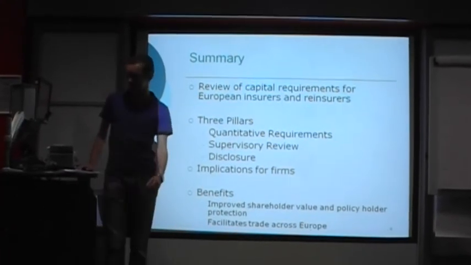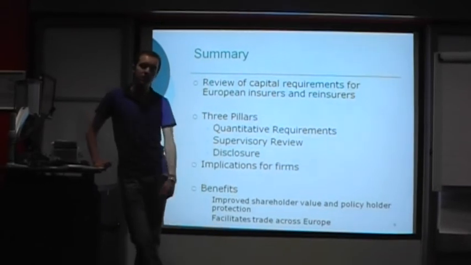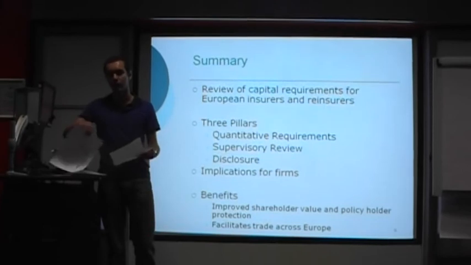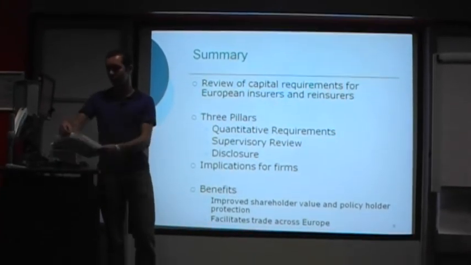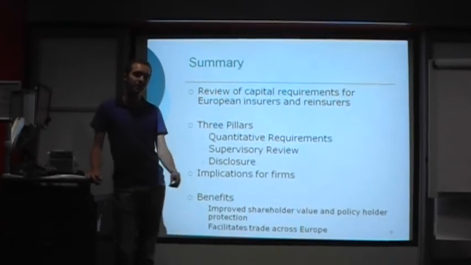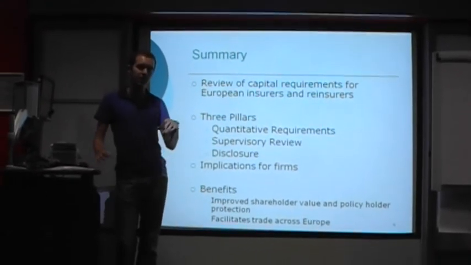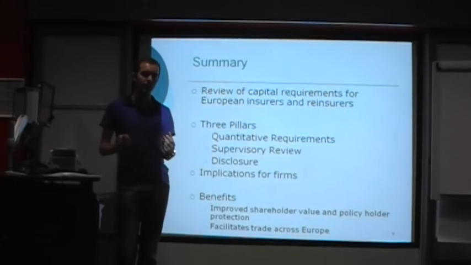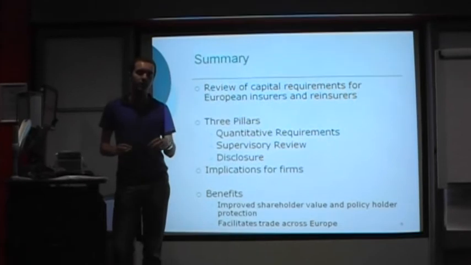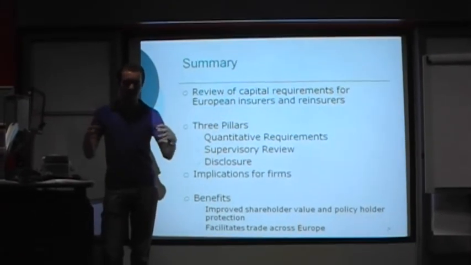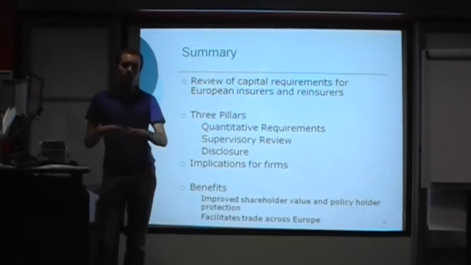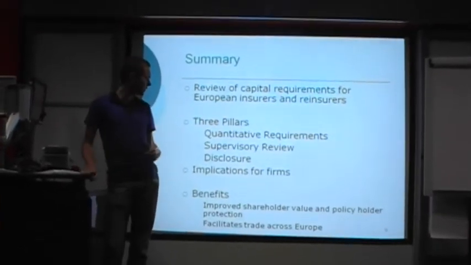So, in summary, I talked about what Solvency II is, basically just the review of the capital requirements for insurers and reinsurers across Europe, which is due to come into place in December of 2012. I talked about the three pillars: the quantitative requirements, which set rules regarding how companies need to value their liabilities, etc.; supervisory review, making sure companies have appropriate systems in place to manage and monitor the risks across their organisation; and disclosure, providing this information to the market.